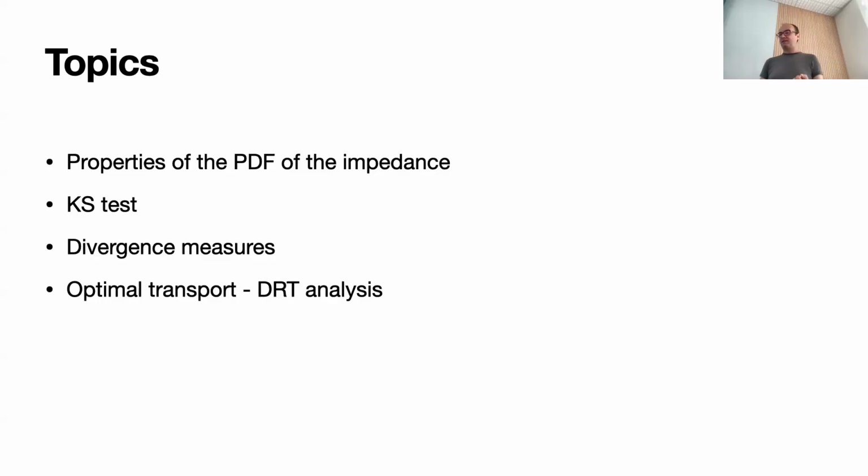So these tools that I'm going to present are quite common in the field of analysis of stochastic data, predominantly probability distributions. It is somewhat new to the field of electrochemistry, but I'm going to present actual results from actual experiments that will show the effectiveness of these approaches.